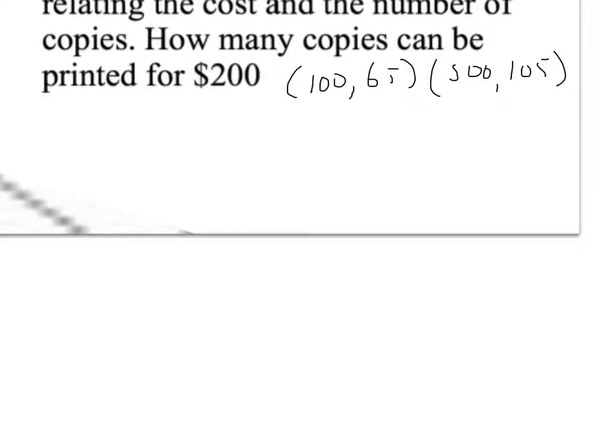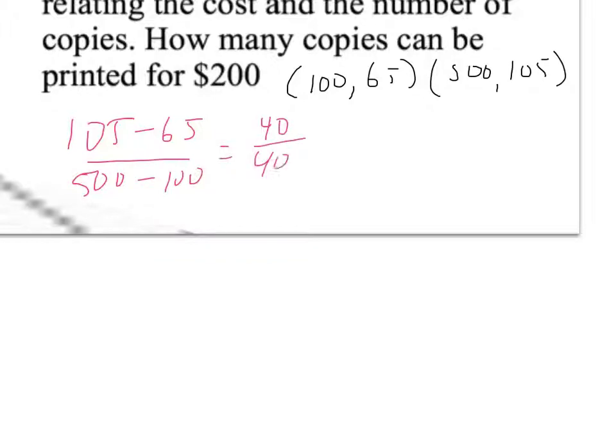So we're going to go 105 minus 65 over 500 minus 100, which I believe you get 40 over 400, which is 1/10. So your slope is 1/10, and we can use this point in our equation.